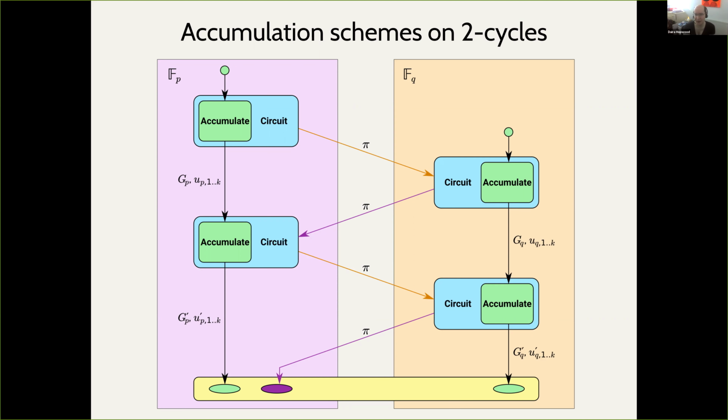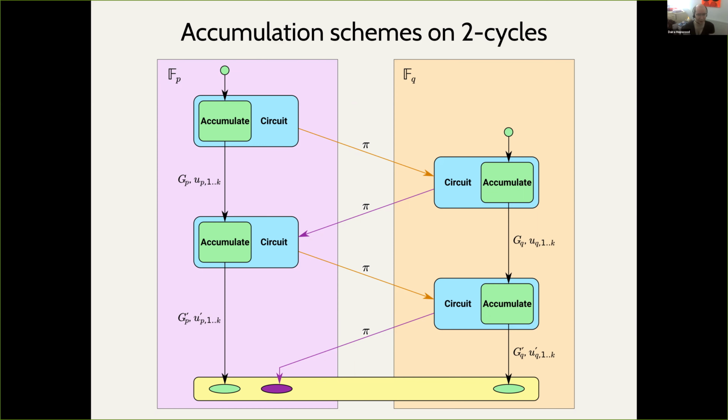So we have two accumulators, and it's like an interactive protocol between the proof systems. If we have a proof that would be hard to check in this field, we send it over to the proof system on the other field. And then at the end, you check both accumulators on the final proof.